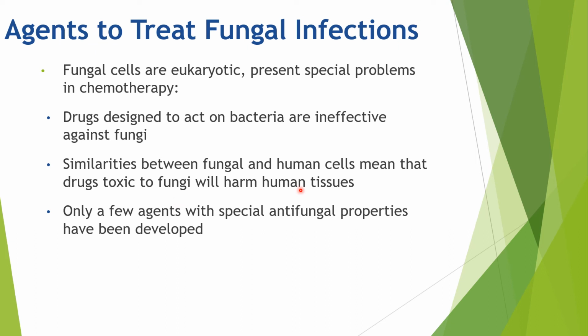So there are going to be similarities, and some of these drugs can actually harm the human tissues. And that's why fungal infections are pretty hard to get rid of. This is one reason why.